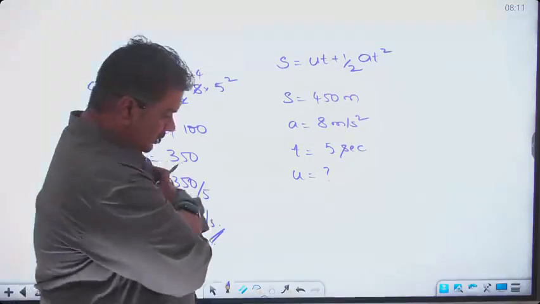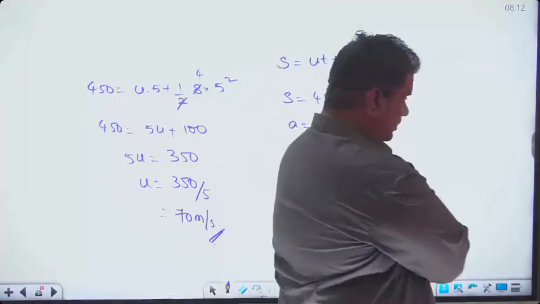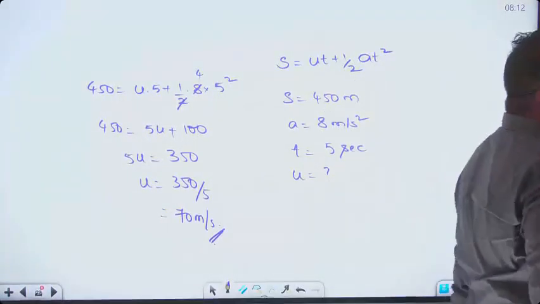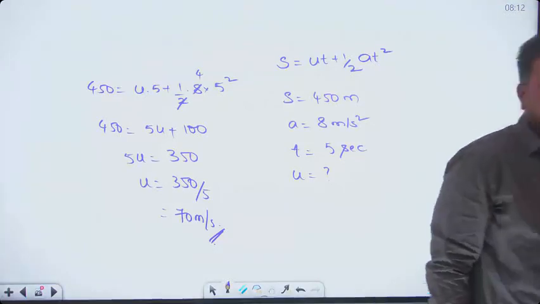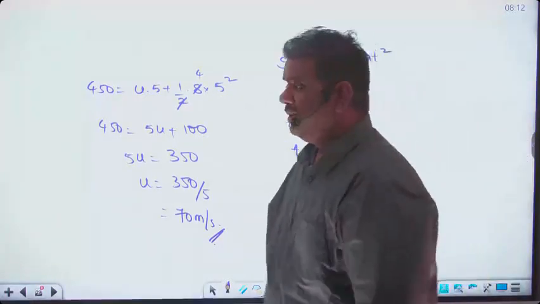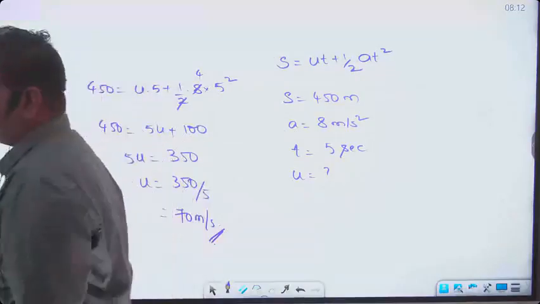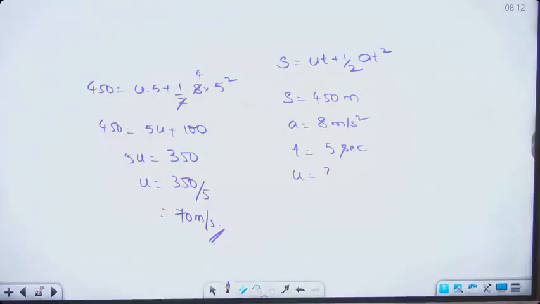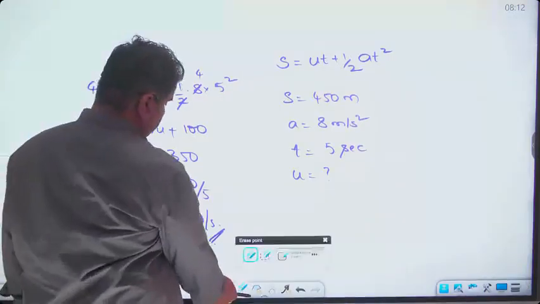Find the maximum height reached by the object.